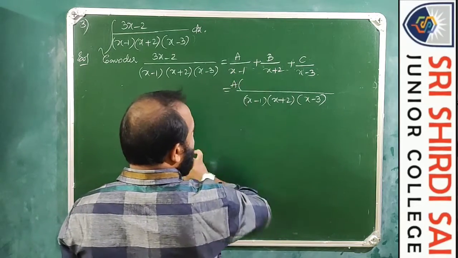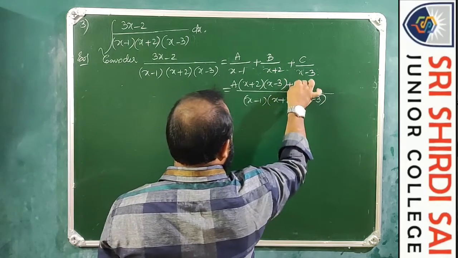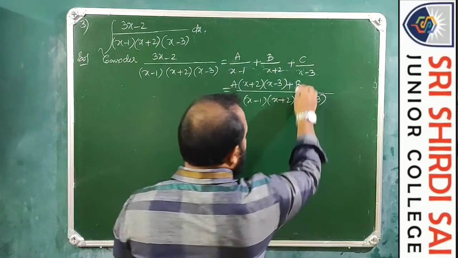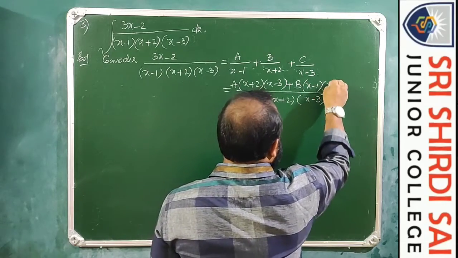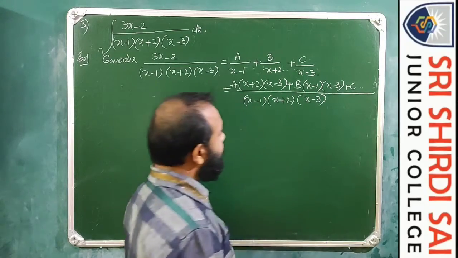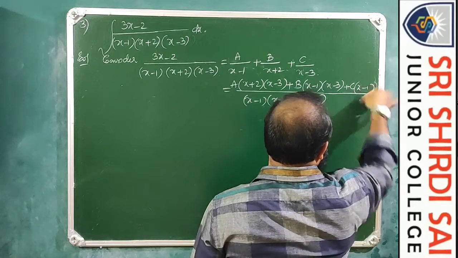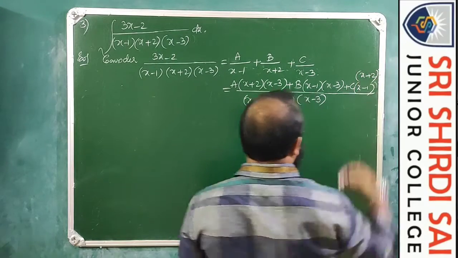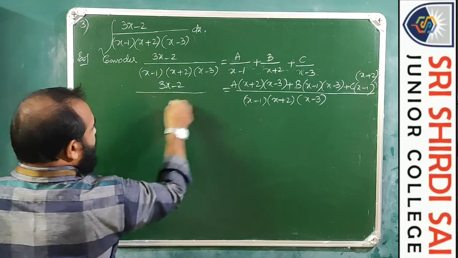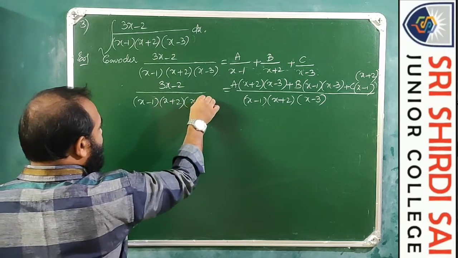So a into (x plus 2)(x minus 3) plus b into (x minus 1)(x minus 3) plus c into (x minus 1)(x plus 2) is equal to 3x minus 2 by (x minus 1)(x plus 2)(x minus 3).